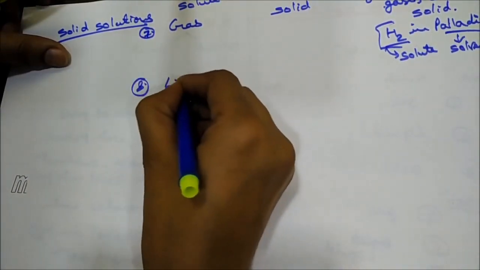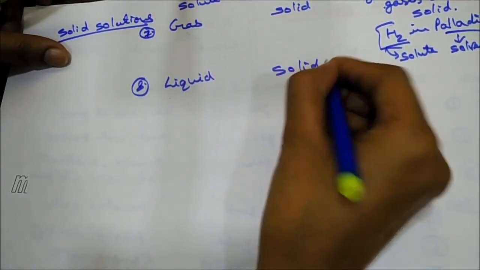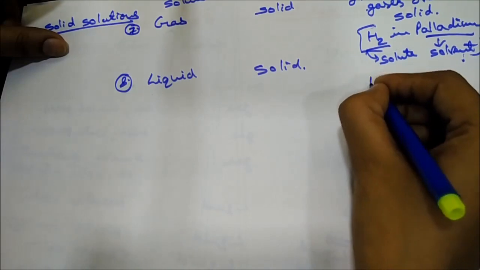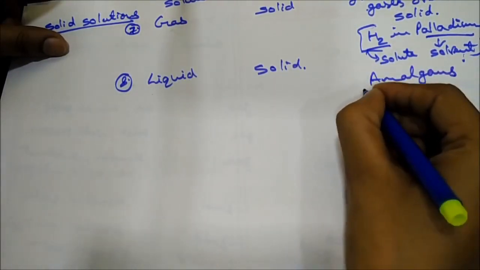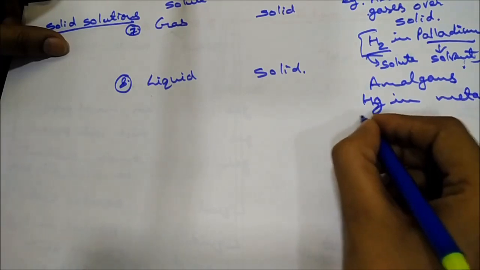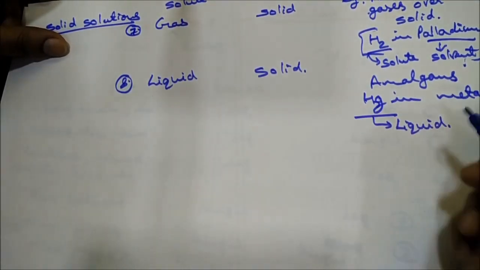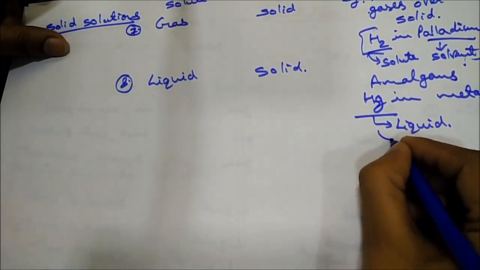Next is liquid into solid. Example is our amalgams. Amalgam is Hg in metals. As we know, the state of mercury is liquid. It is our solute.